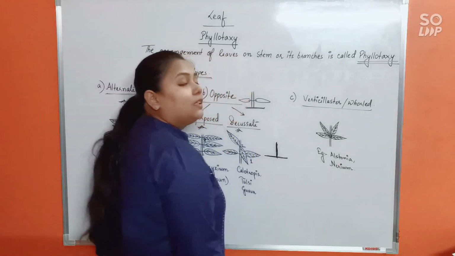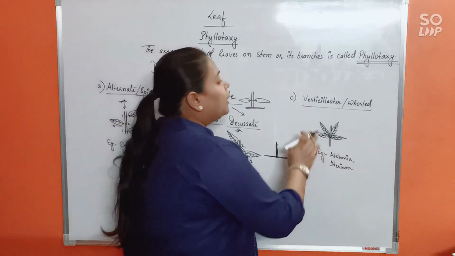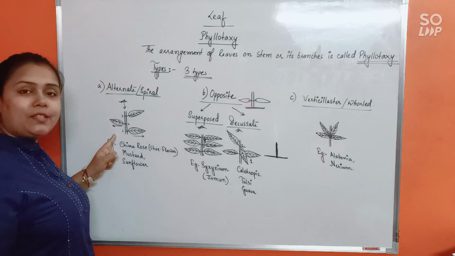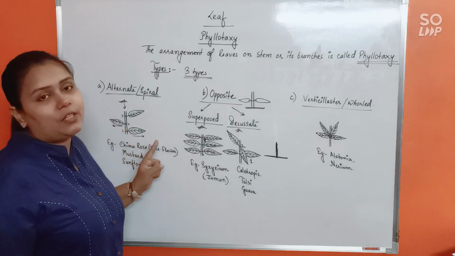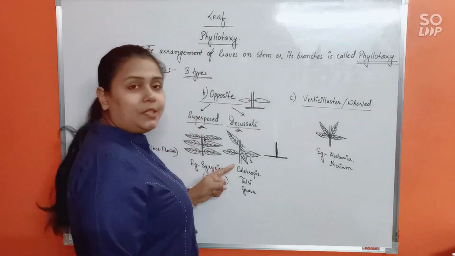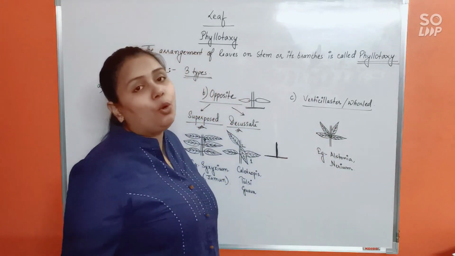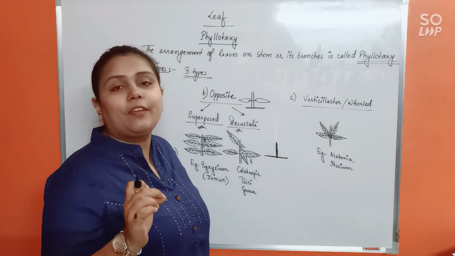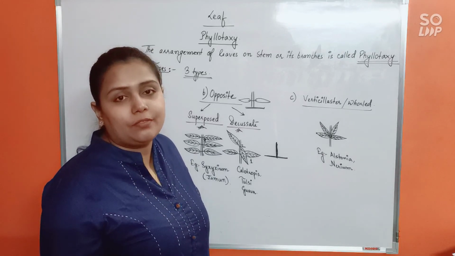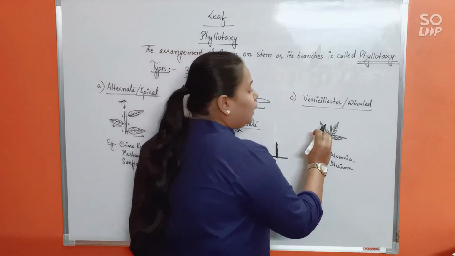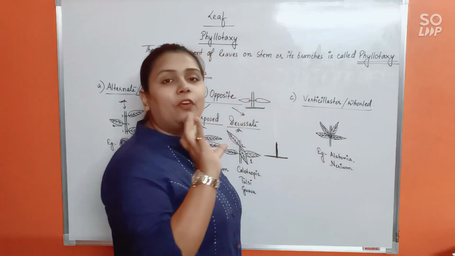Finally, the third and the last category is verticillate or whorled. So see, alternate phyllotaxy, one node gives rise to one leaf. Opposite, one node gives rise to two leaves. Now in verticillate or whorled, a single node will give rise to more than two leaves. If a single node gives rise to more than two leaves, then the leaves will remain in the form of a whorl.